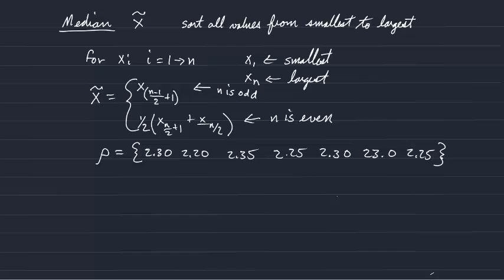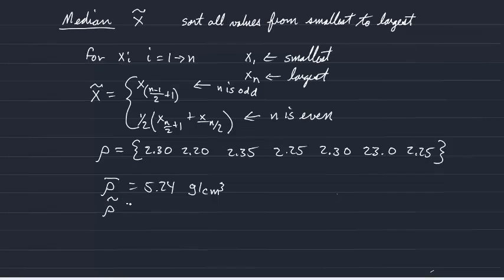And if we take the mean of that sample, we would get 5.24. These are grams per cubic centimeter. And the median would equal 2.3. So you can see how if we have an outlier, which we do in this example, that makes the mean go to a relatively high number compared to the median.